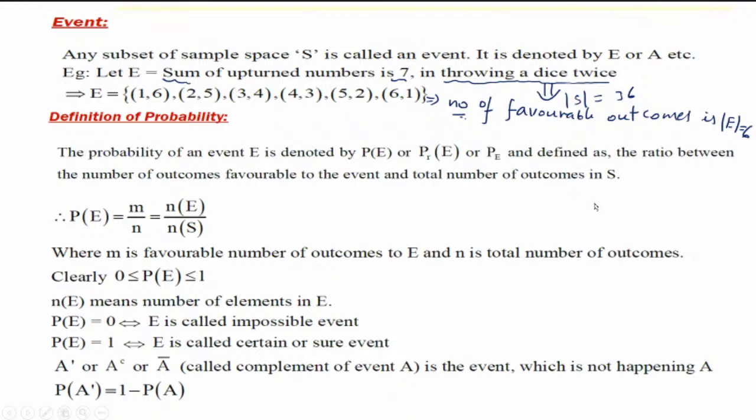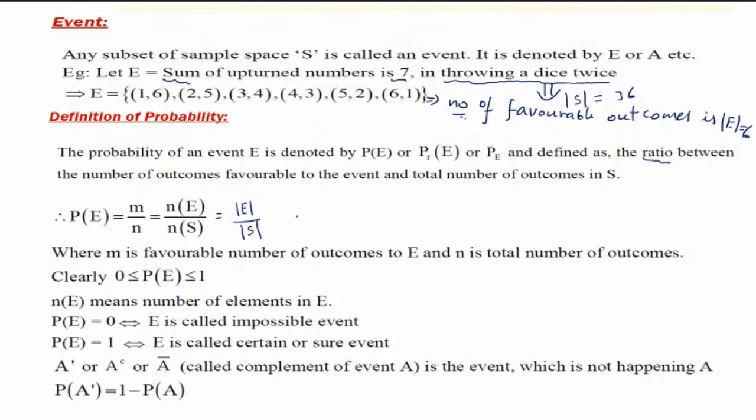You know the meaning of ratio? Ratio means a division quantity, so numerator and denominator. Numerator means the number of favorable outcomes, that is mod E. Denominator is the total outcomes, mod S.